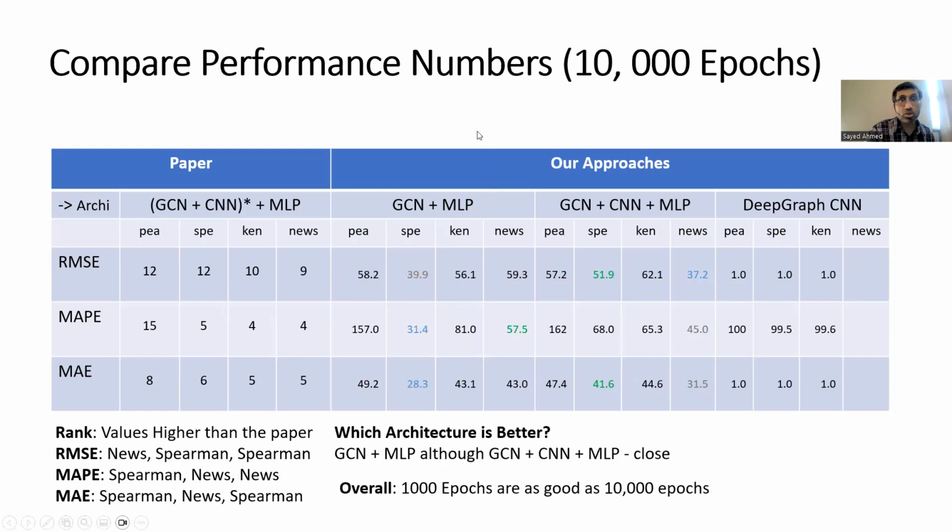Okay. So if I use 10K epochs, then what happens? RMSE, news, and then Spearman. The lowest one is news, and the next one is Spearman from GCN plus MLP, and the next one is also Spearman. Okay. MAPE, Spearman, news. 31, news, 57.